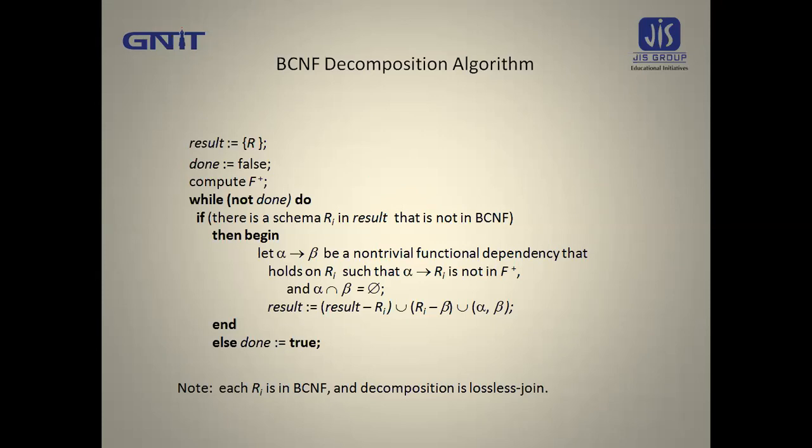That means alpha and beta are not sharing common attributes. Then the variable result becomes result minus Ri union Ri minus beta union alpha beta.